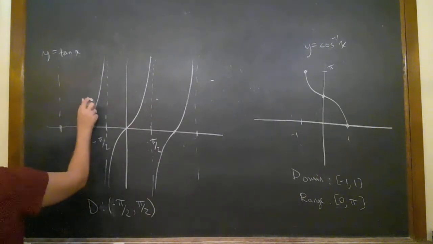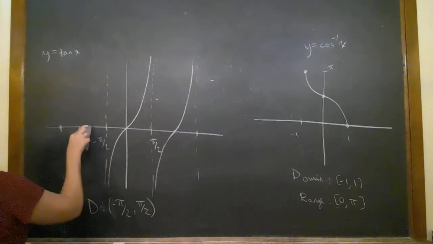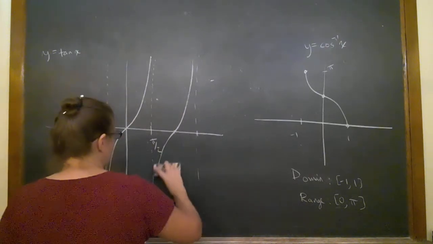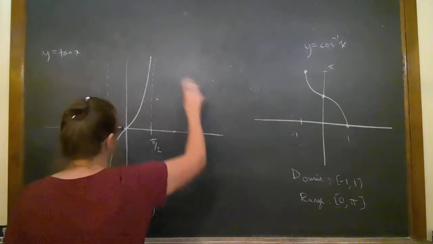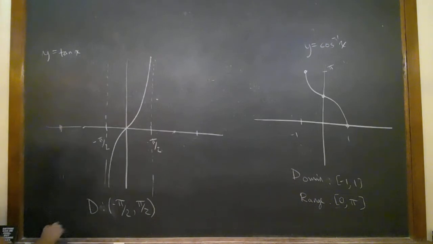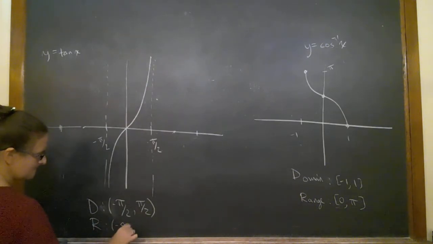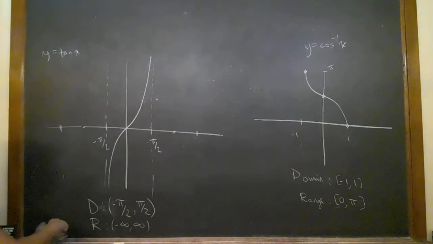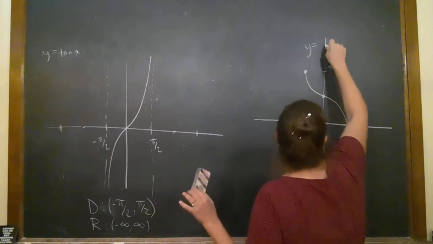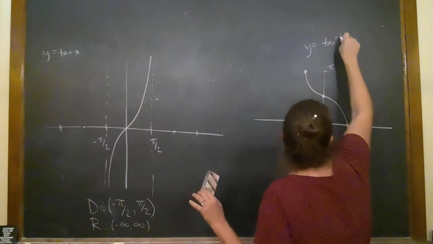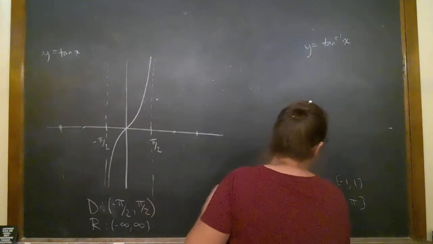Let's just get rid of this other stuff. And because they're asymptotes, so I have this bit here, and my range is just the whole real line. So when I go back to inverse tan, to the graph of inverse tan, that's easy enough to see what happens here.